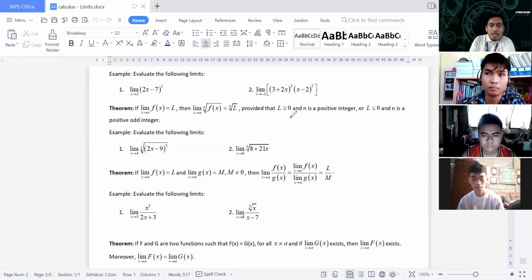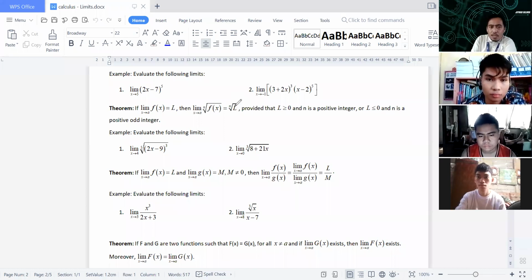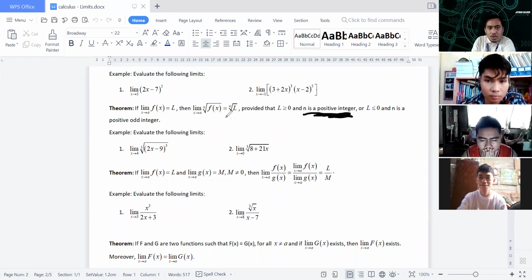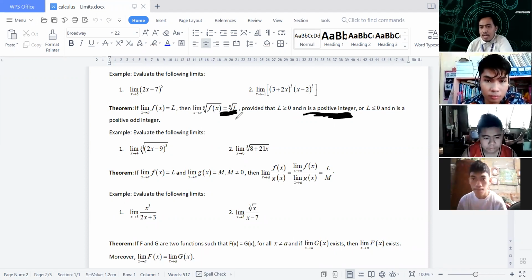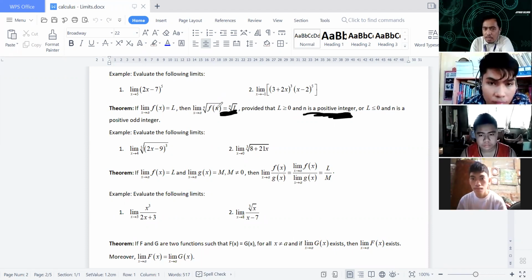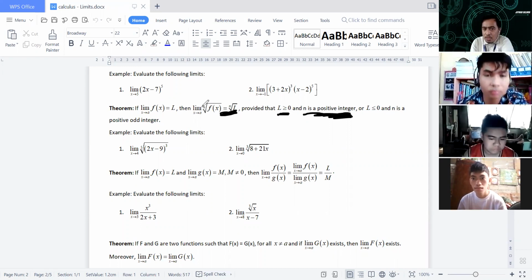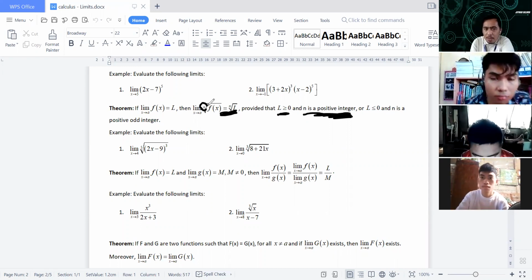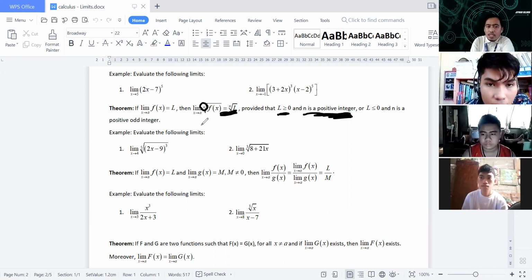If your L, the answer to the limit of the function inside, is greater than or equal to 0 and n is a positive integer, this will work. Again, I will repeat. If the limit of f of x is greater than or equal to 0 and n is a positive integer, then this is true.